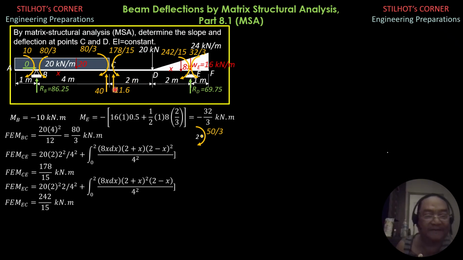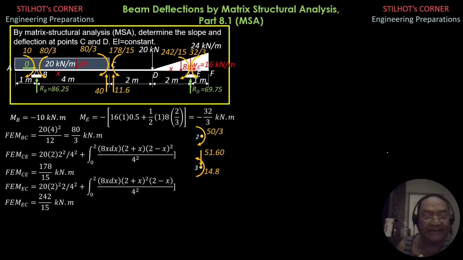Then at C, we have 51.6 downward and 80 over 3 minus 178 over 15. That's 14.8 positive, so counterclockwise. But the downward load is opposite to these fixed end forces, so 51.6 downward.